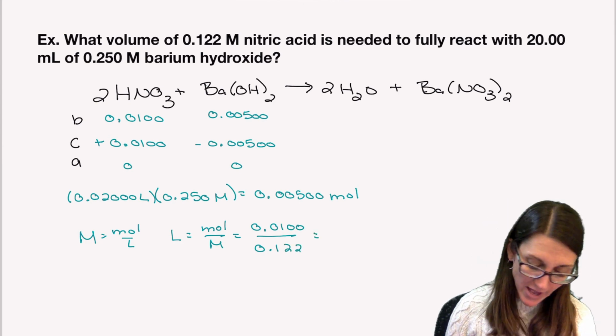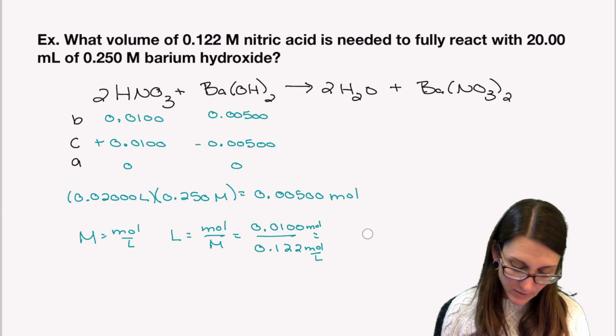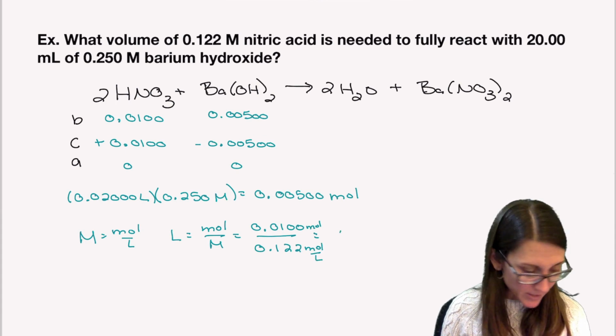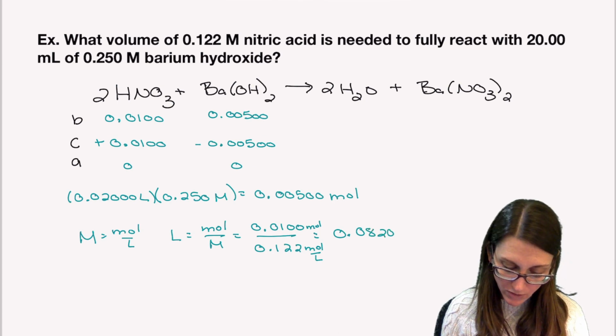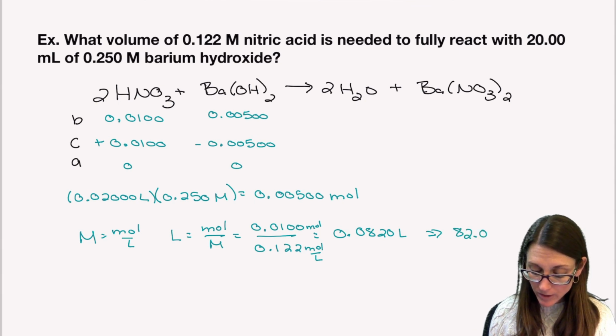And so that is 0.0820 liters, or in milliliters, 82 milliliters.